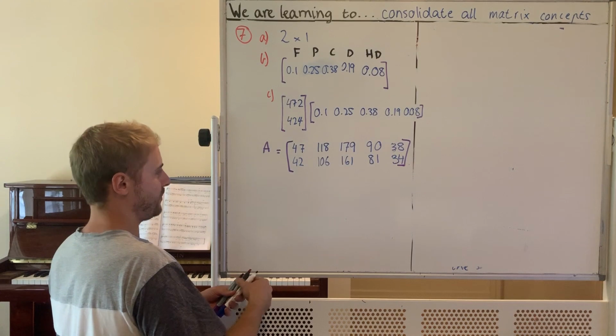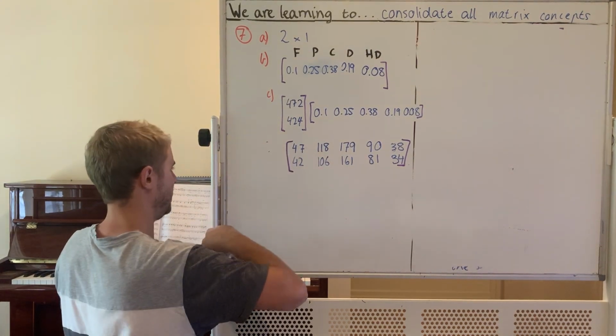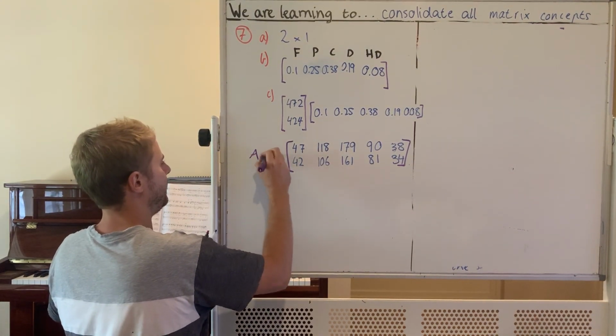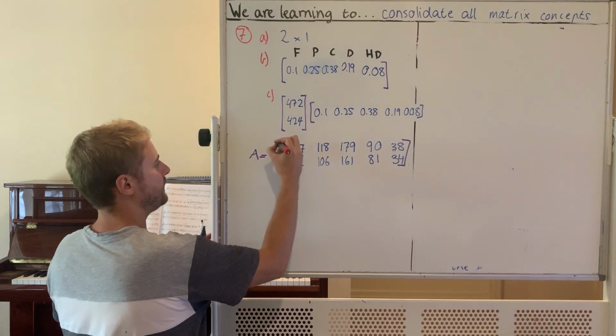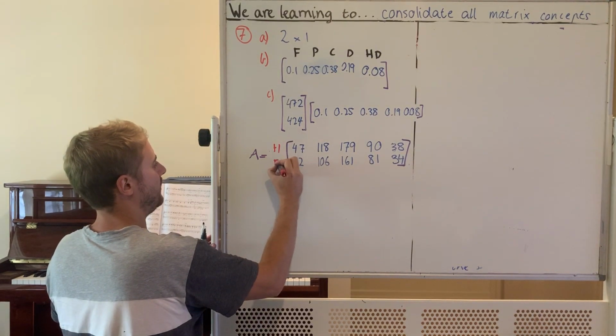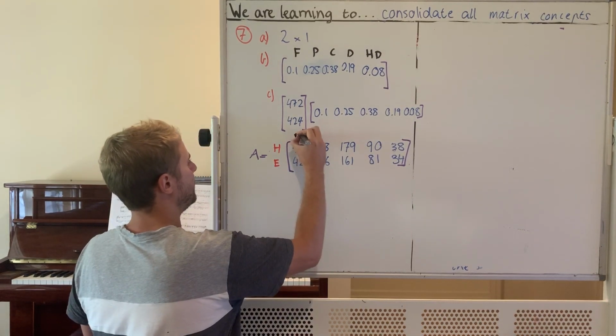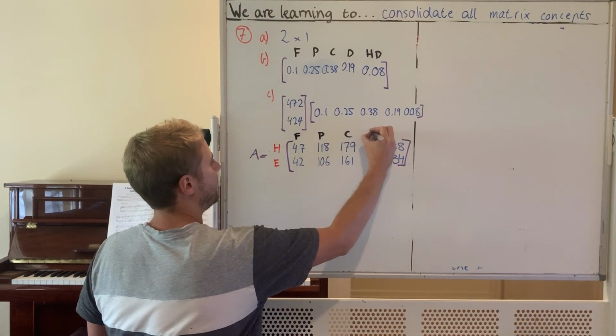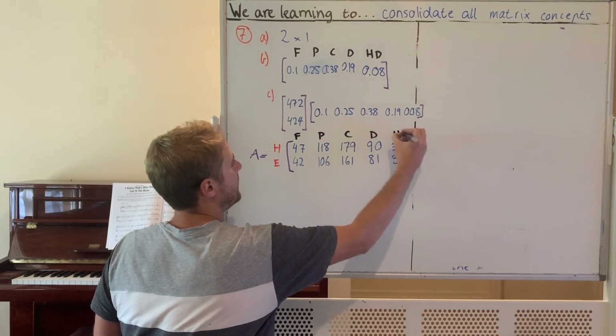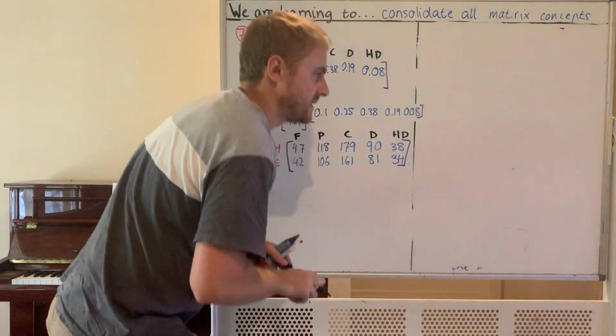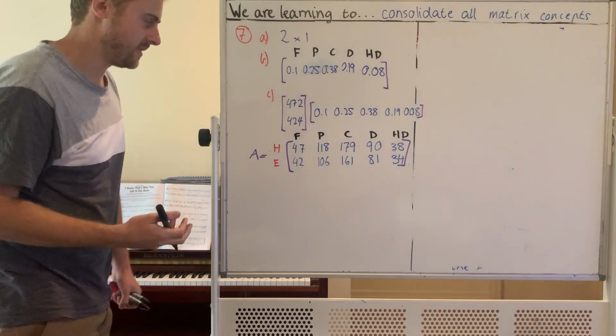Alright, so in the context of the problem, this first row was history, the second row was economics, and then what we had was fail, pass, credit, distinction, high distinction. So basically this can be used to tell how many students received what marks in what subject.